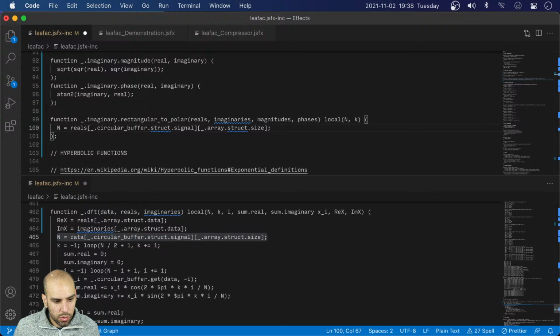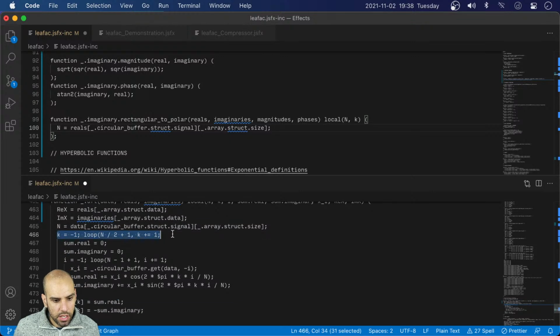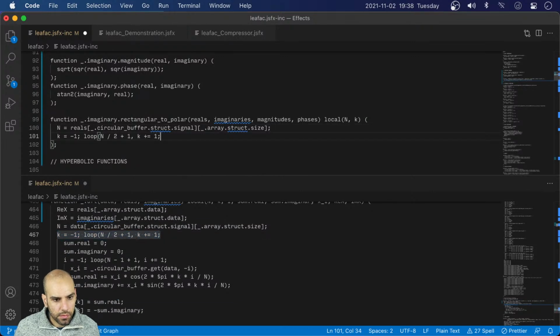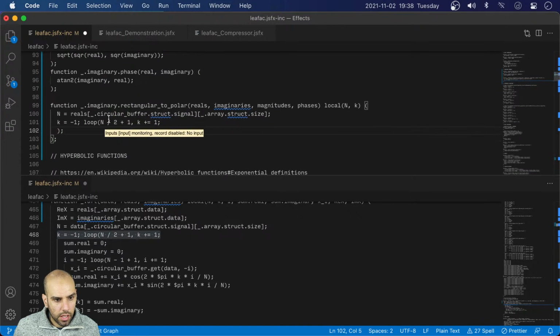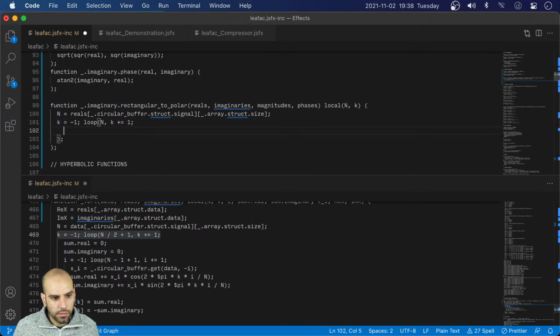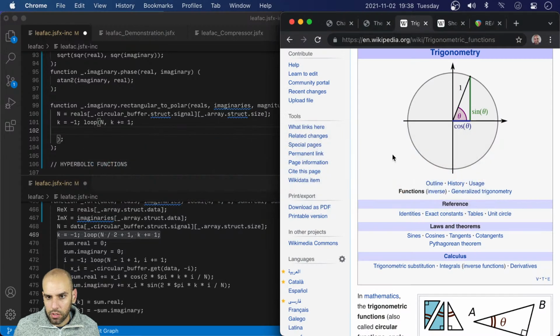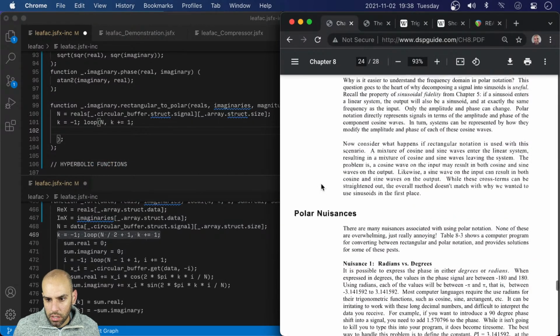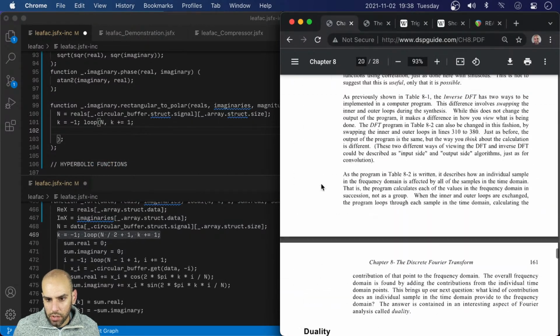Then let's do a loop that is going to look a lot like this, except that we are going to go up to n minus 1. So we are going to loop n times. And let's look at the formula to see if that's how they are notating that.